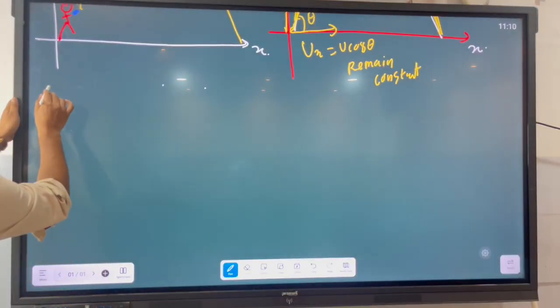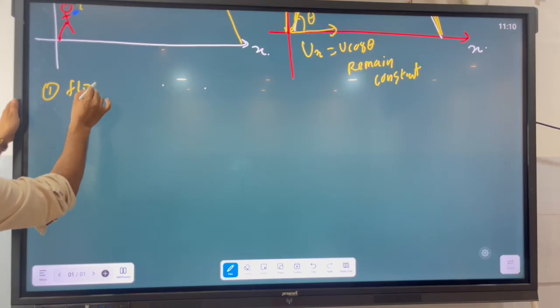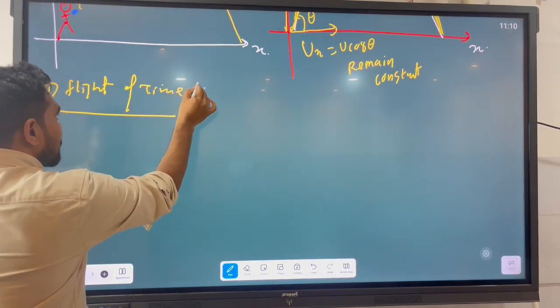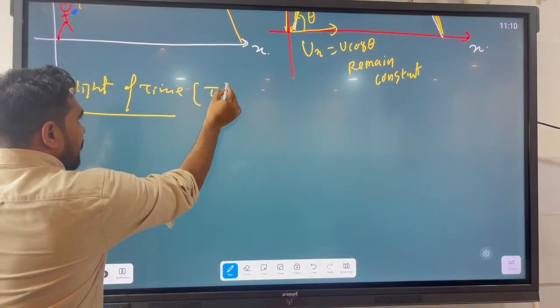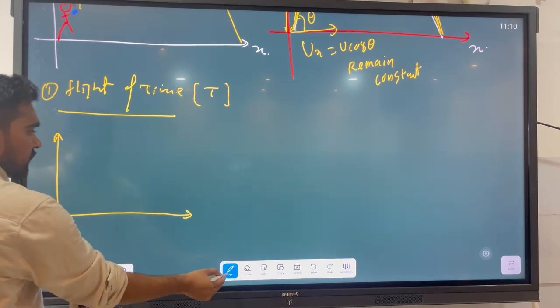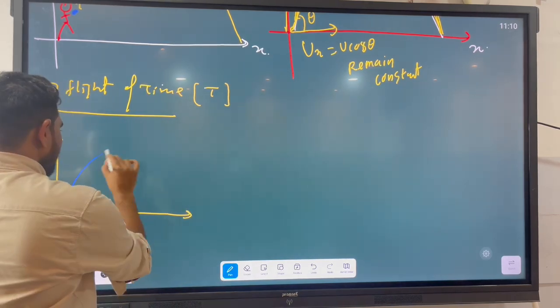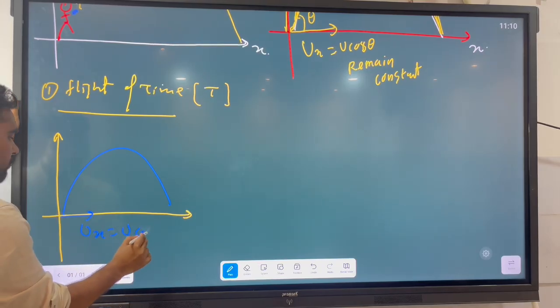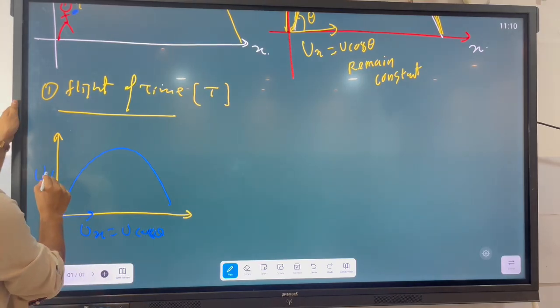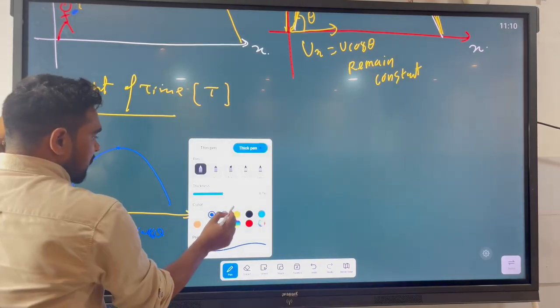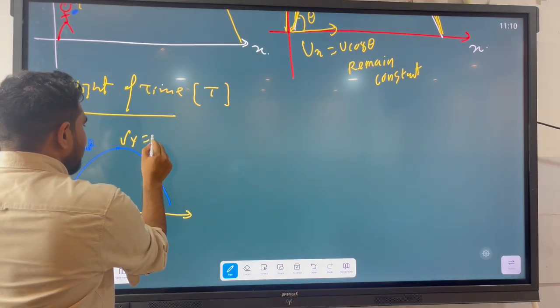For the time of flight, the vertical component of projectile velocity is responsible. This is the component of projectile velocity, with the coordinate system like this, and here ux equal to u cos theta and here uy equal to u sin theta, and at this point, the peak point, vy equal to 0.